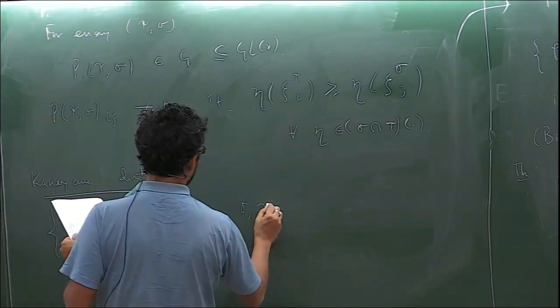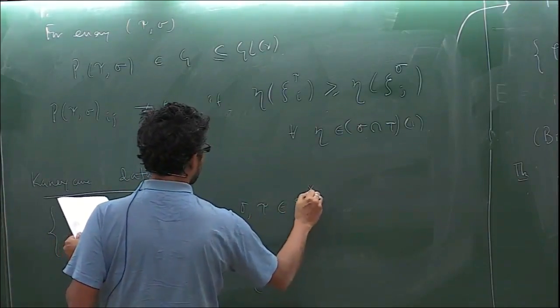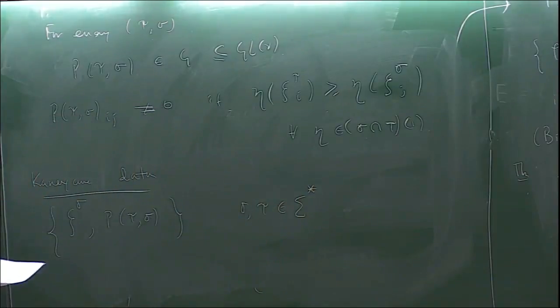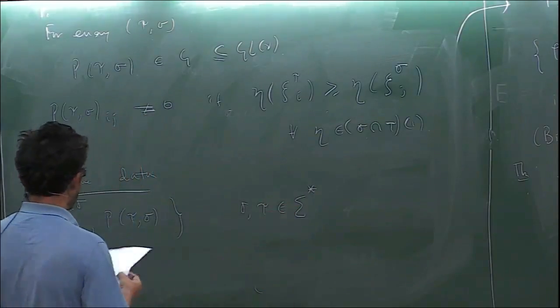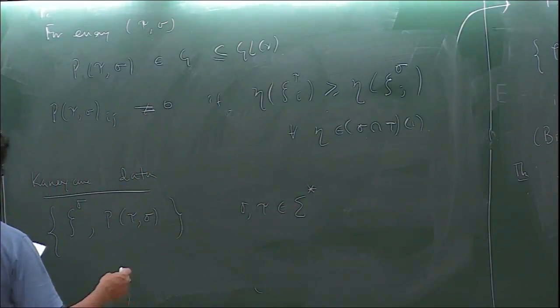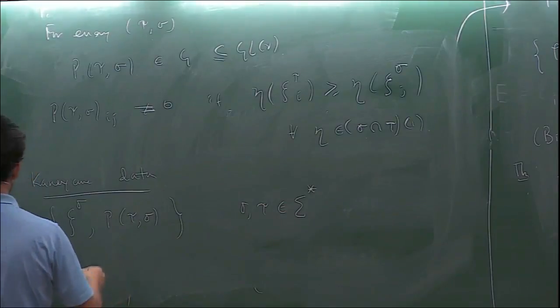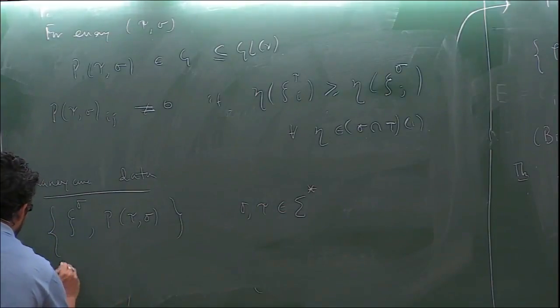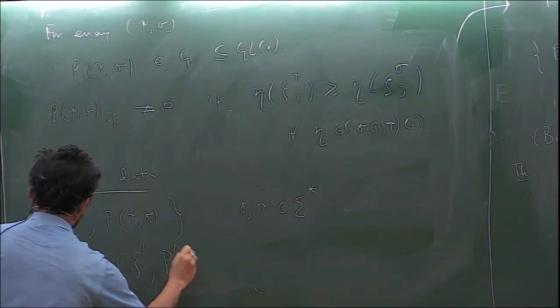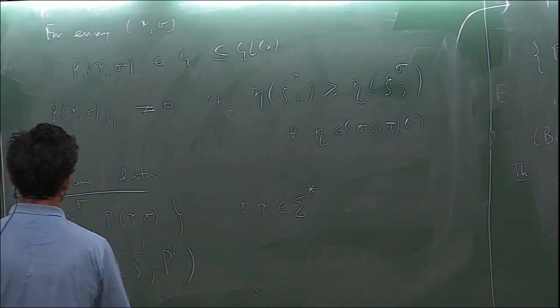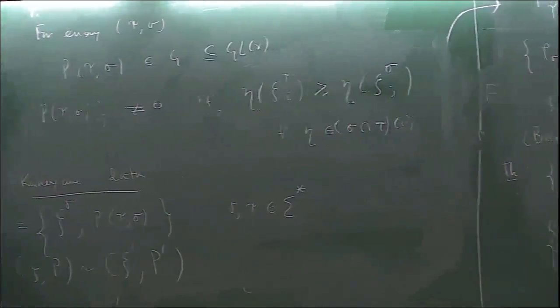So you can work with the maximal ones. Instead of working with all cones, you can do it only for the maximal dimensional cones. So this is the data, and here also, like before, you would call these two equivalent.